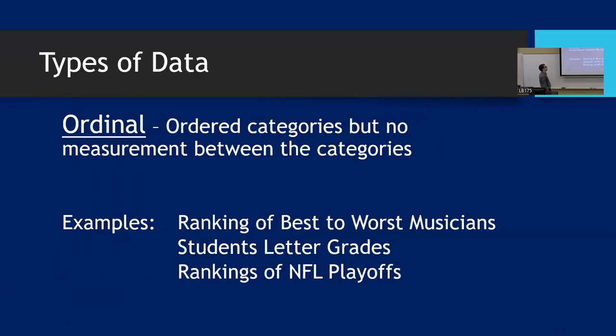Then we move on to ordinal. Ordinal means there is some order. So there are ordered categories, but there's no measurement between categories. And the best case here is things like rankings, the best example.